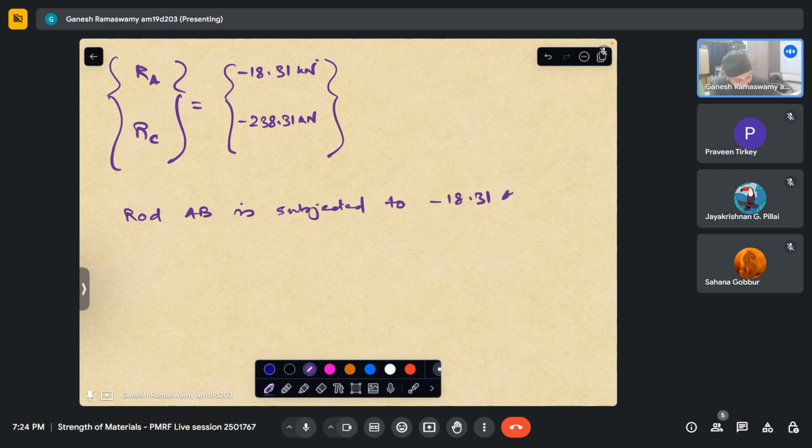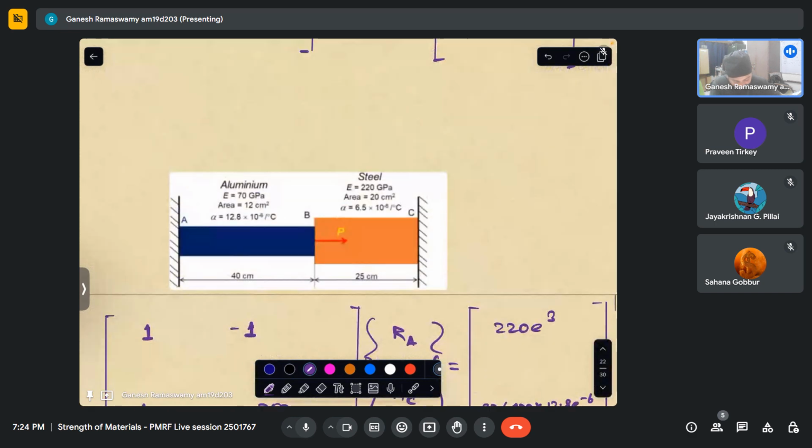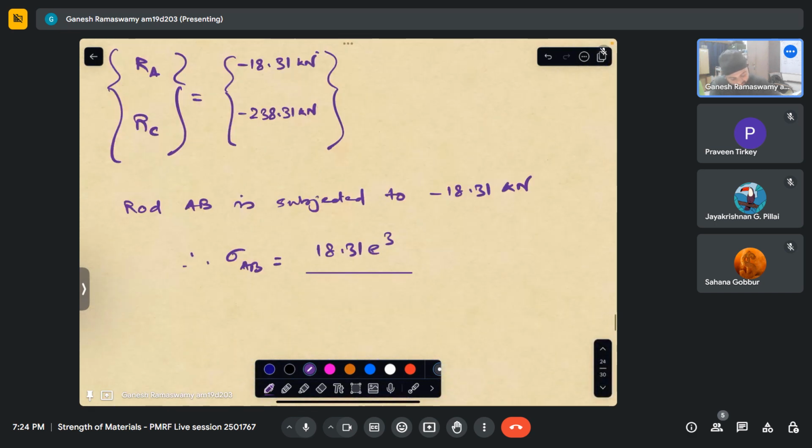Therefore, stress in AB is 18.31E3 divided by its area. Area was given to be 12 centimeter square, which is 1200 mm square.